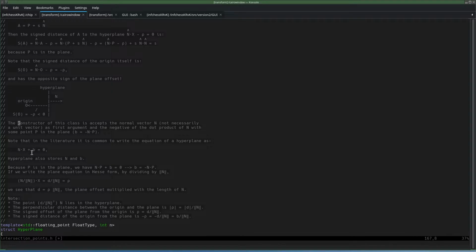So now I'm just going to divide this by the norm of n. We get n divided by the norm of n, which is n hat, dot x, minus b divided by the norm of n. I'm going to replace this by minus b then.